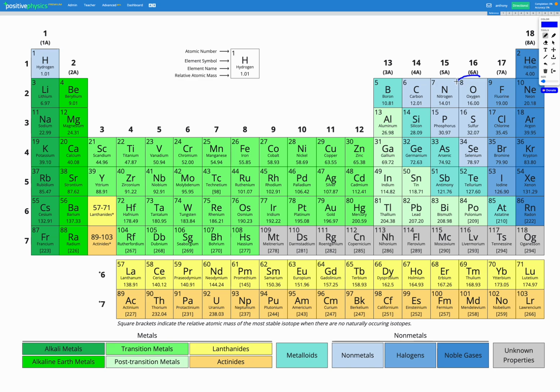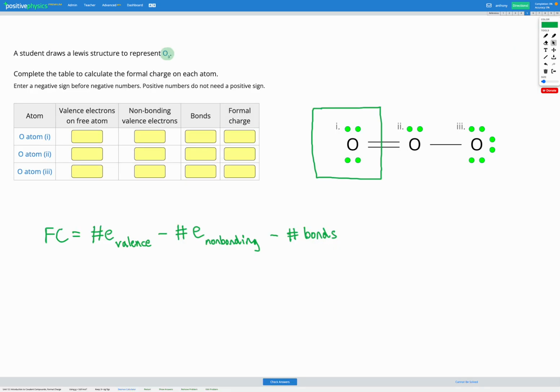Here it is. We can see oxygen is in group 16, so according to our shortcut, oxygen is going to have 6 valence electrons. So the number of valence electrons on a free atom would be 6. That's the first step in our calculation found.